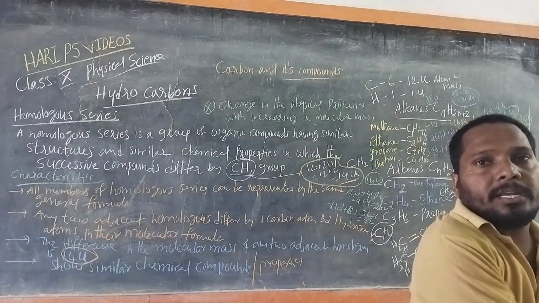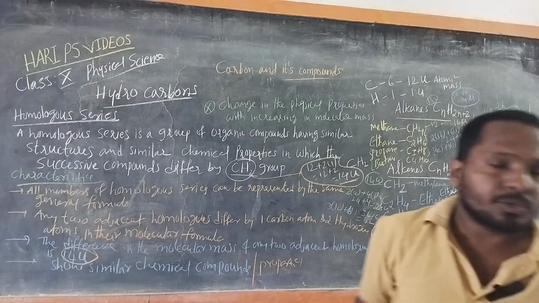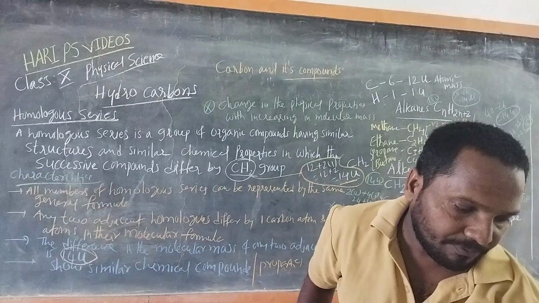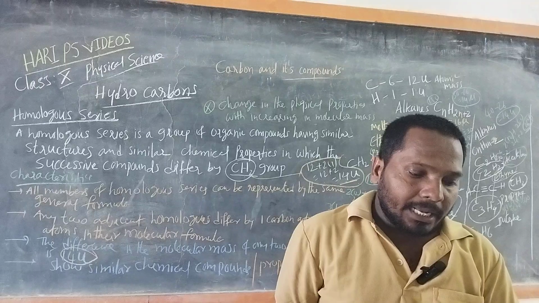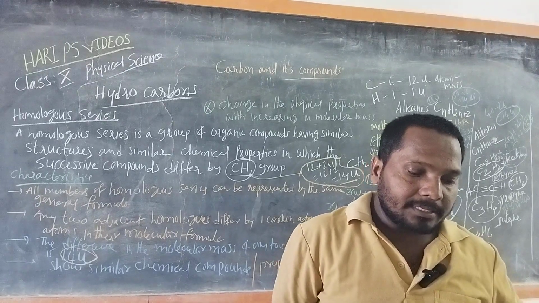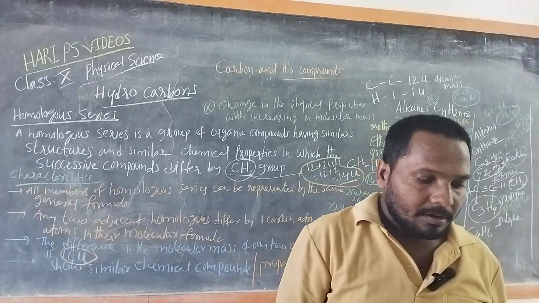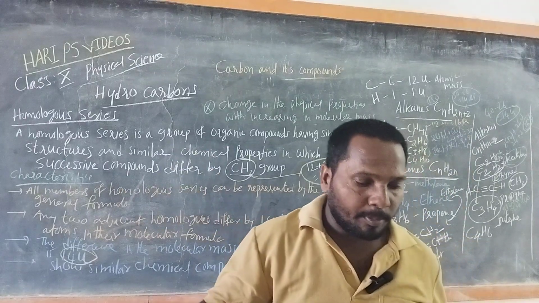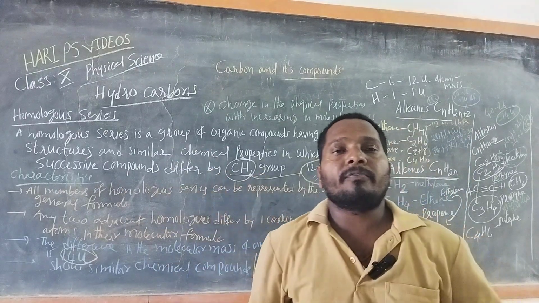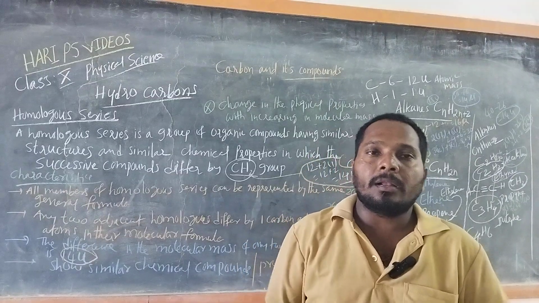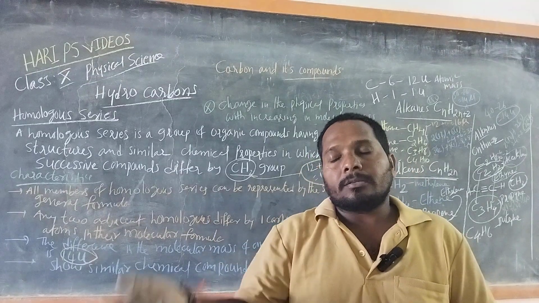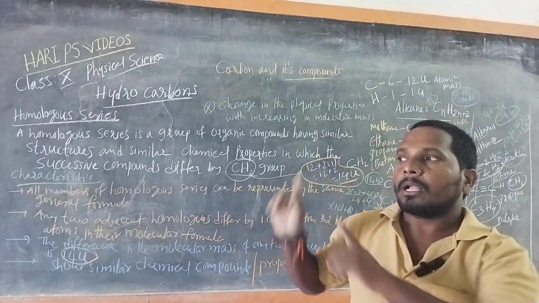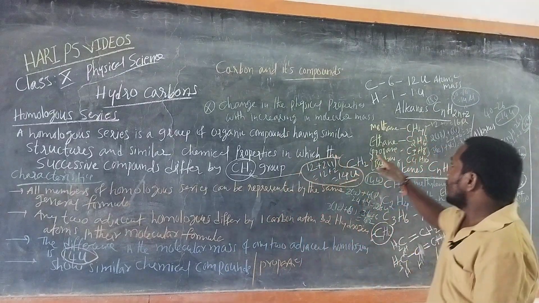For example, in the alkane series, as the number of carbon atoms in the molecules increases, the melting points, boiling points and densities of the members differ because of the variation in the carbon number.